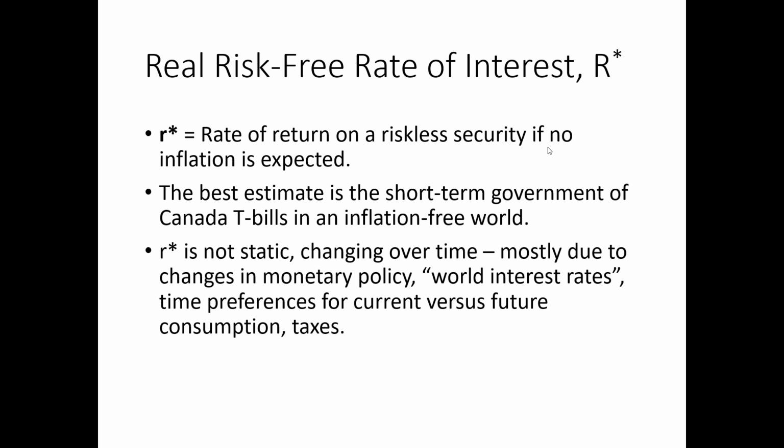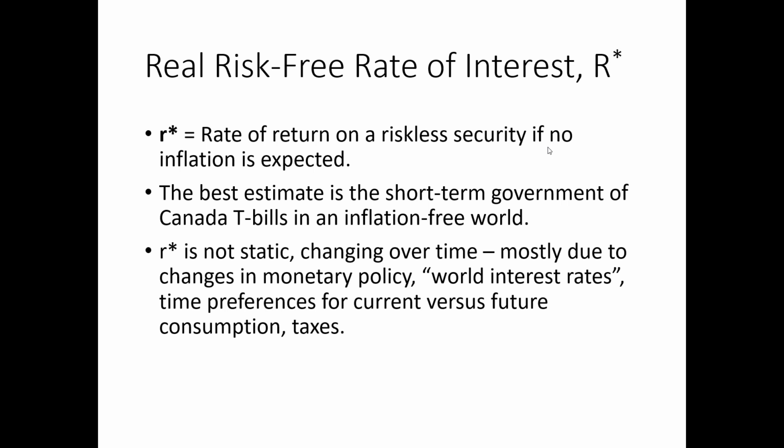Okay, so R star is simply the rate of return on a riskless security if no inflation is expected. So it's a real return, assuming there's no risk. Often you see government bonds of some sort used as this riskless rate, because most central banks in the developed world, mostly looking at G7-like countries, either the European Central Bank, U.S. Federal Reserve, Bank of Japan, Bank of Canada, are riskless because those countries can just print the money to pay the debt.